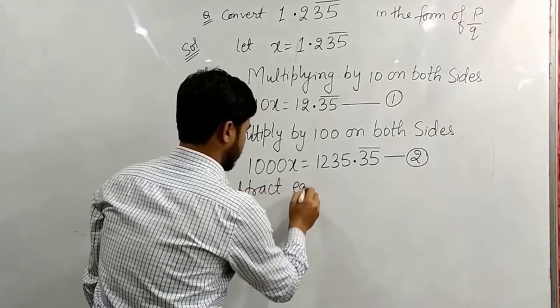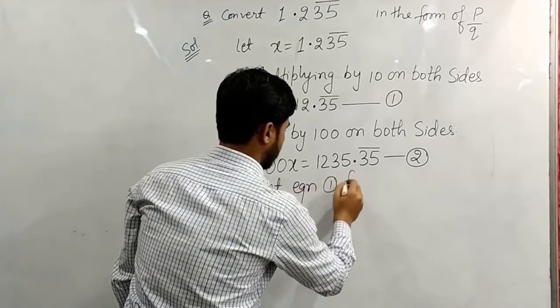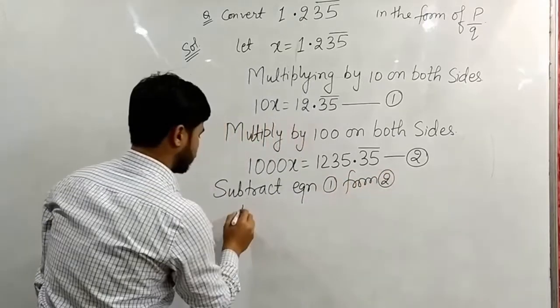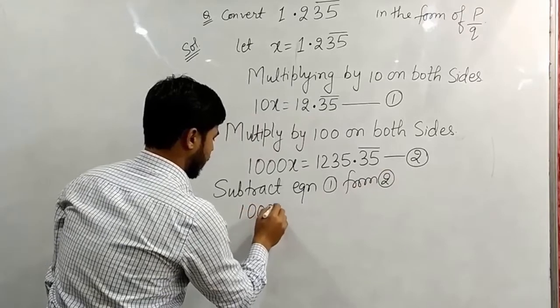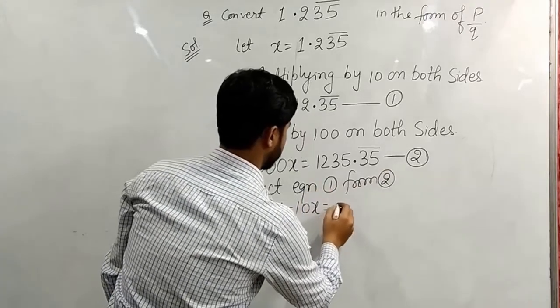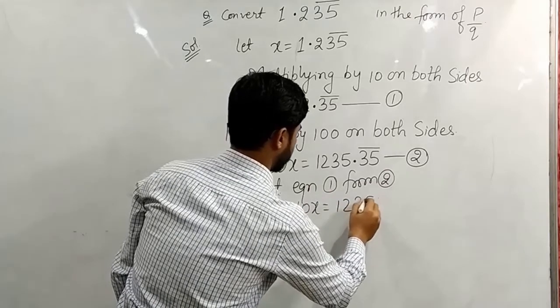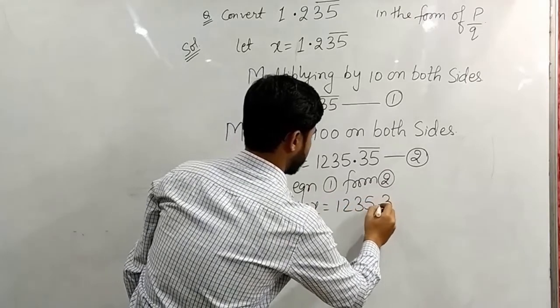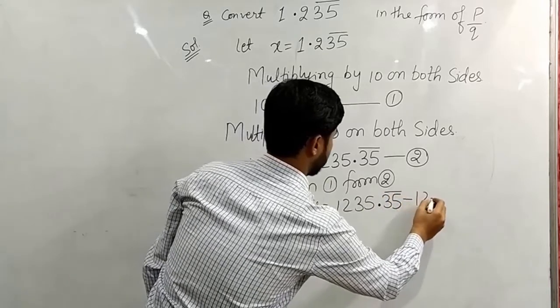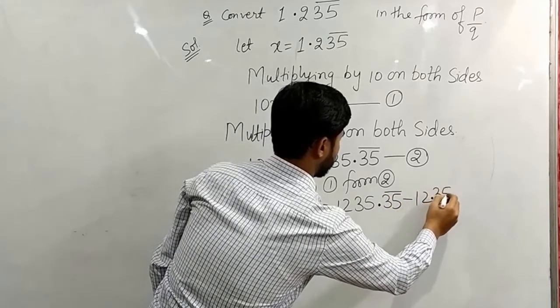Subtract equation 1 from 2, we will get 1000x minus 10x equal to 1235.35 minus 12.35.